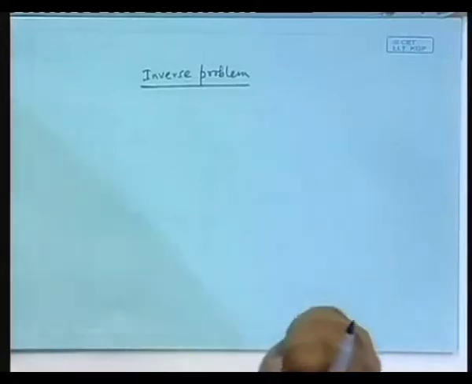The inverse problem is essentially that given a particular fractal object, how do I generate the iterated function system? The first was, given an iterated function system, how can I generate the fractal? Now, the problem is, given a fractal object, how do I generate the iterated function system? For that, the central theorem is called the collage theorem.